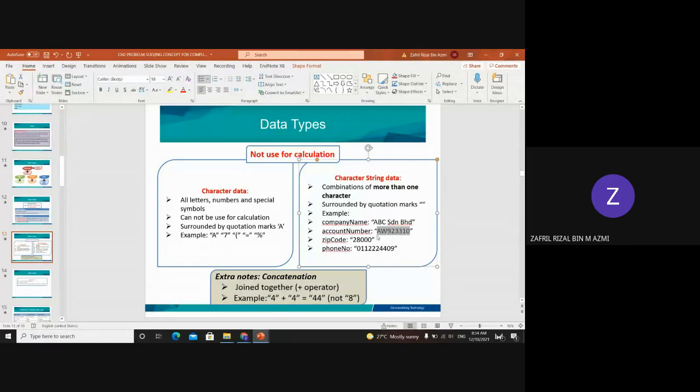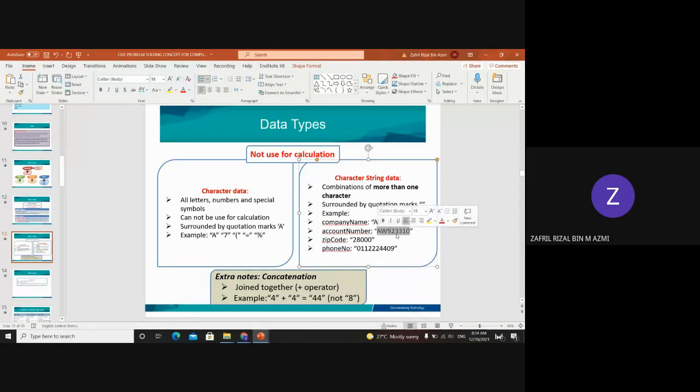Because you cannot declare this account number as a numeric if the account number has elements other than numbers inside of it. This part is a number, allowed, but we have AW in front of it. So cannot. This is a number with a letter.